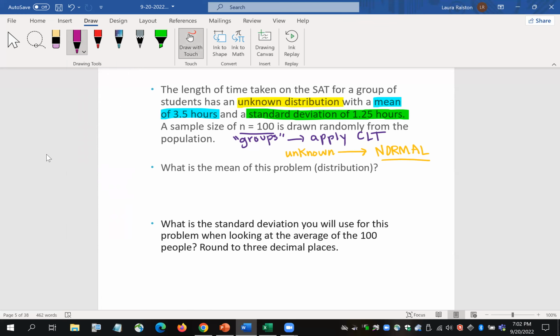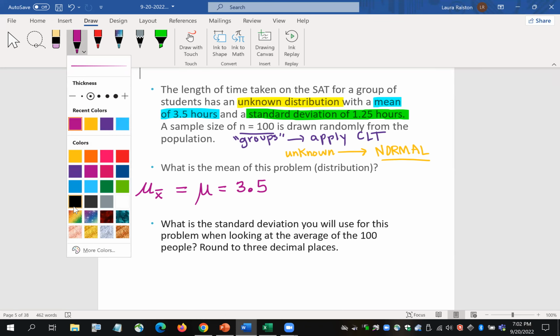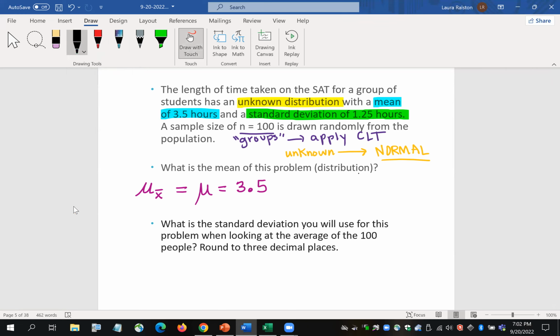Okay, so for the mean, we're told that the mean for the central limit theorem is equal to the mean of the original. The original is given to me as 3.5. So quite honestly, the answer to this question is given in the scenario.